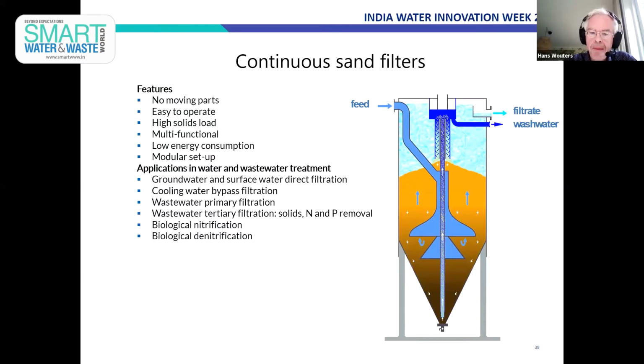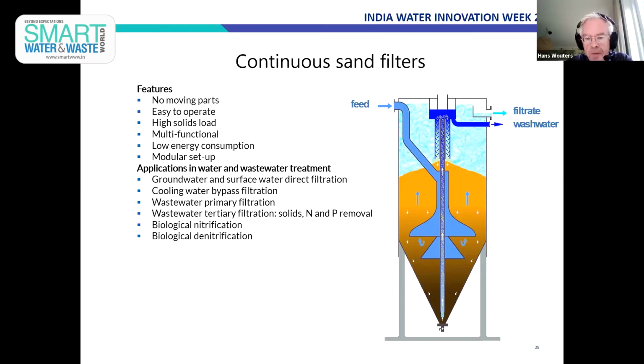And the reason why all these applications are possible in the filter is that the filter itself is a very simple setup. It's a setup where the filtration is taking place at the same time as where the washing of the sand grains is taking place. And I would like to explain that in a few sentences in this cross section.